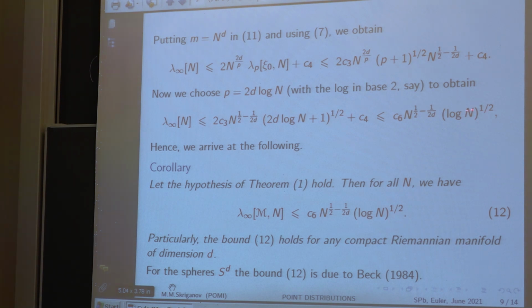As a result, we obtain the following result, that the L infinity discrepancy, extremal discrepancy, can be estimated by the same factor times a logarithmically large factor only. So L infinity discrepancy is about the same as LP discrepancy.